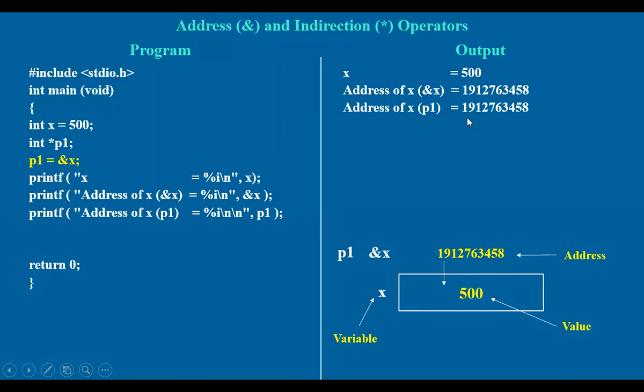So the same value, whether you refer to it as ampersand x or p1, both mean the same and give the same value. Here, suppose I want to get the value of x, or the value which is stored in this particular address p1, right? That is star p1, and that is nothing but the value itself, that is the value of x, that is 500. So here this is an indirection operator, and it works like this.